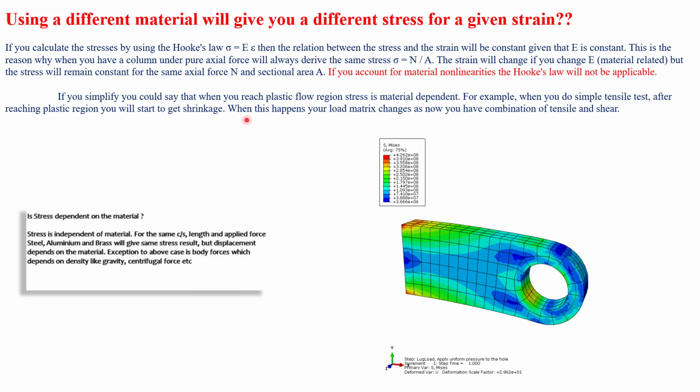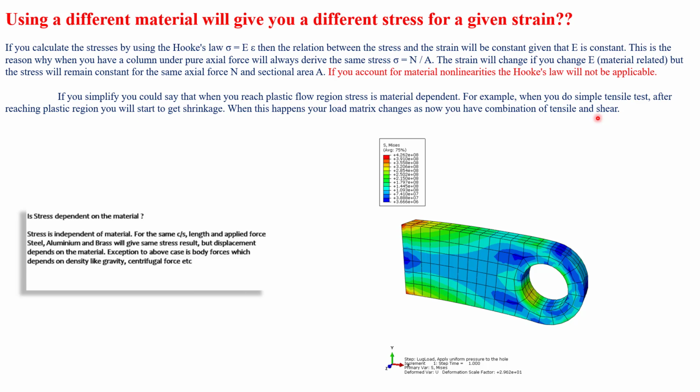That is for sure, we have seen it. If you consider the UTM testing machine, it will try to add the tension force, and then at exactly the center it will try to shrink. When this happens, your load metrics change, as now you have a combination of tensile and shear.